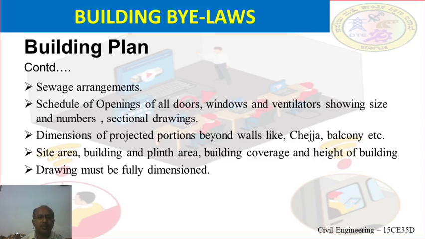And the building plan also includes the schedule of openings, that means the dimensions of the openings such as doors, windows and ventilators, showing the size, numbers and sectional drawings.